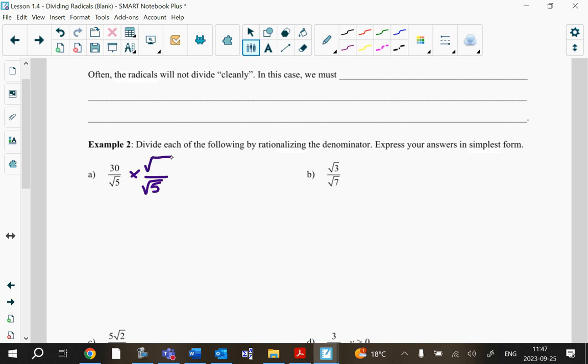So you got to multiply the top and bottom by root 5. When you do that, you're going to get 30 root 5 up top. And on the bottom, you're going to get root 5 times root 5, which is root 25, which is just plain old 5.